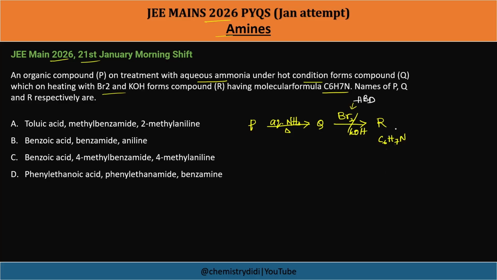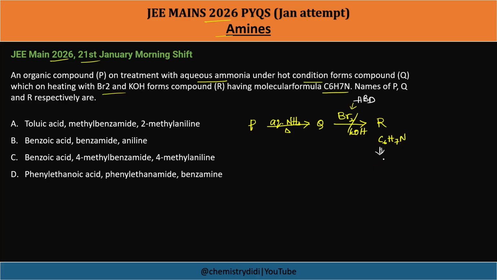As they have given the molecular formula for R, let's solve this conversion in reverse order. This is called reverse engineering, or retrosynthesis. Let's find out the degree of unsaturation.